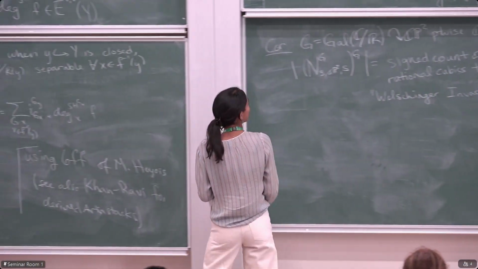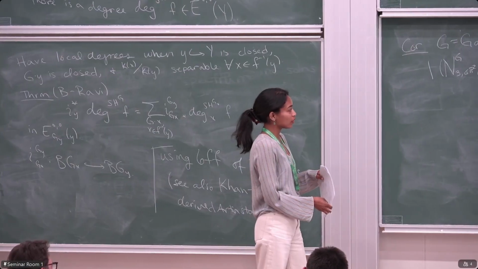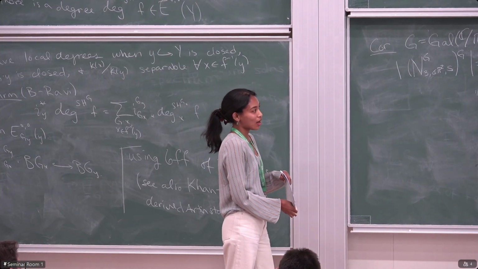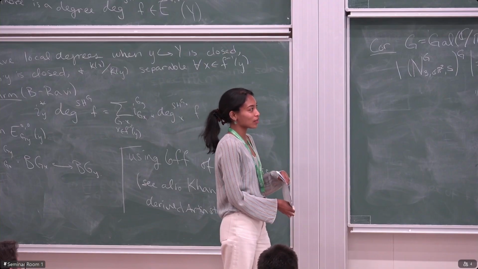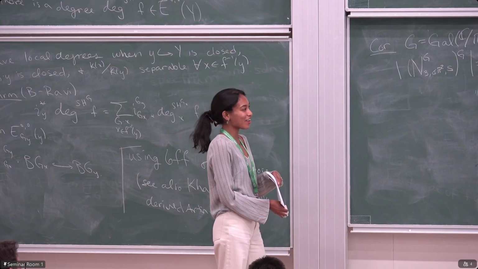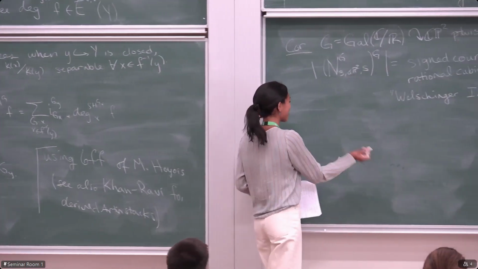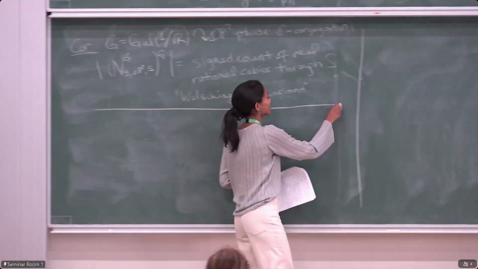We just counted orbits of rational cubics through 8 points. There are other curves that aren't cubics, and there are collections of points that are not 8 points. So let's talk about how we can make this a little better.